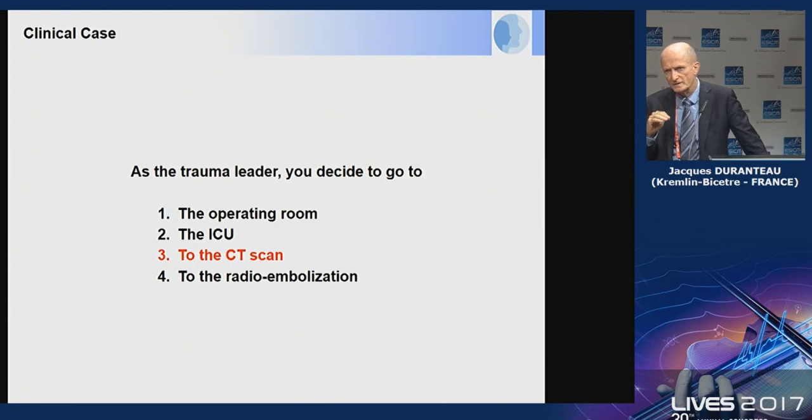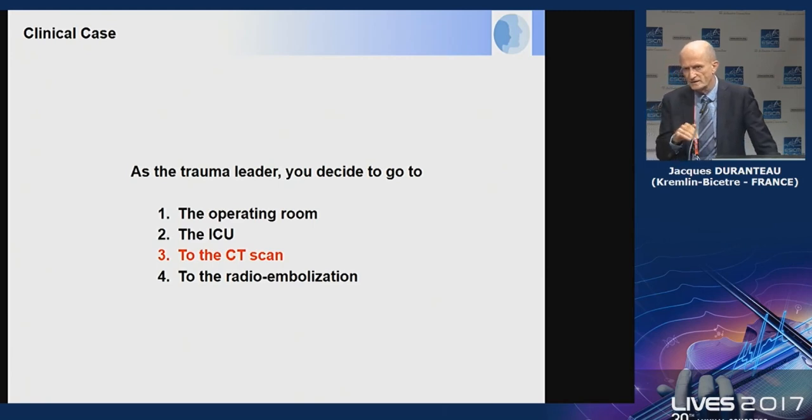You have to keep this in mind, because it could be difficult after, when you are in the operating room with the surgeon, and the surgeon says, oh, there is nothing in the intra-abdominal space, if it's bleeding at the retroperitoneal space.